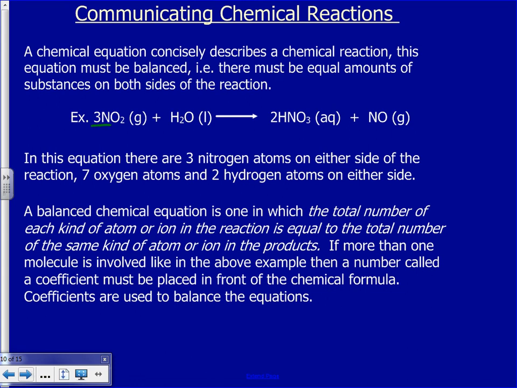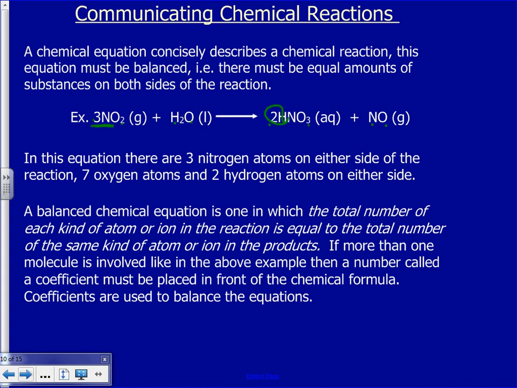There's 3 here, and there's 2 plus 1 more is 3. There are 7 oxygen atoms on each side. 3 times 2 is 6, plus 1 is 7. 2 times 3 is 6, plus 1 is 7. And there are 2 hydrogen atoms on each side, 2 and 2. So that equation is balanced.